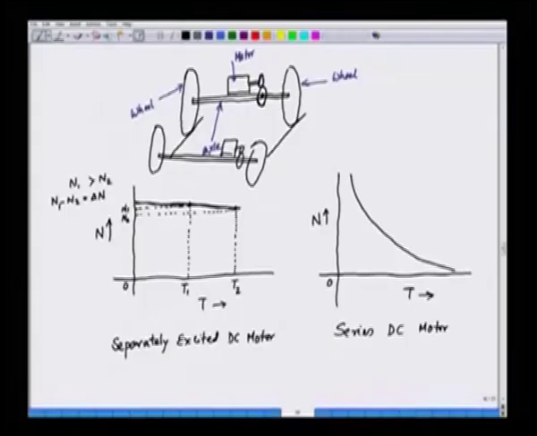Now, on the other hand, if you go for a series DC motor, suppose we have the same situation there, we have N1 here and then we have N2, N2 is less than N1, and the corresponding torque will be T1, and the corresponding torque for N2 will be T2, and here we see that T1 is approximately equal to T2, very close to each other.